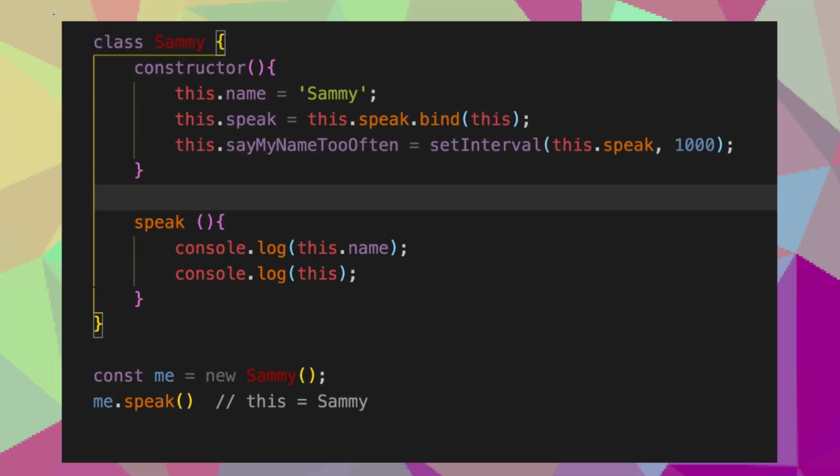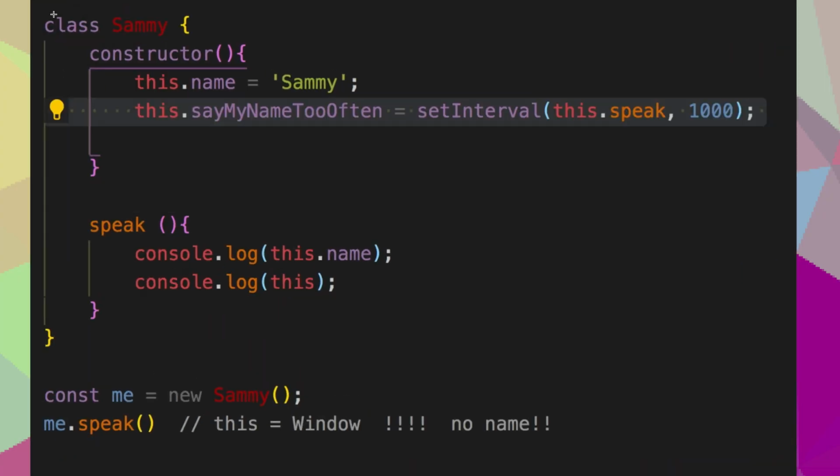If no other reason, right? This is enough, right? Again, just to review, if we use this method set interval that's not scoped within Sammy, that's a method of the browser, then this.speak, written with no arrow, will get its scope from set interval.